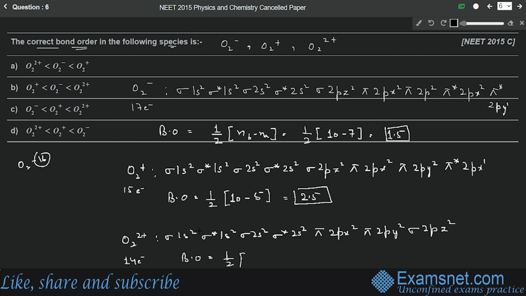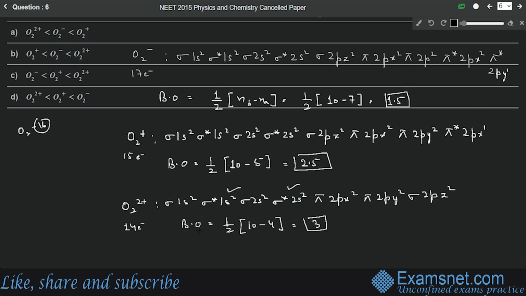So let's write the bond order now. Half into the number of electrons in bonding, which is 10, that will be the same. The number of electrons in anti-bonding in this case is only 4. 2 and 2, 4. So half into 6 will be 3. In this case the bond order is 3. Now if you see, bond order is increasing from O2 minus to O2 plus and then O2 2 plus. 1.5 is least, then 2.5 and then 3.